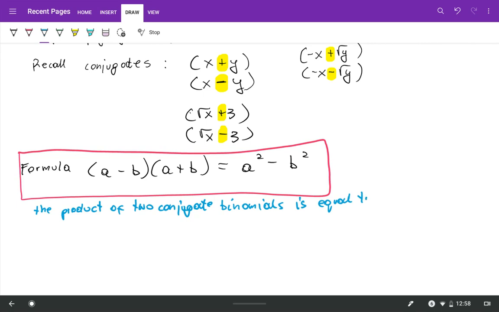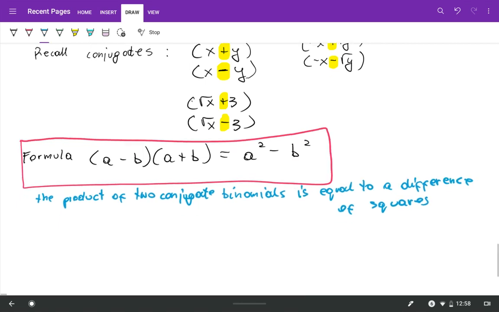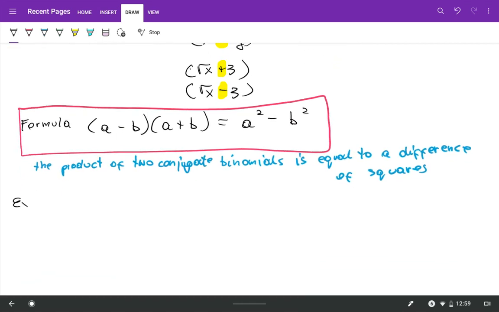It is equal to a difference of squares. So this is the difference of squares, a squared minus b squared. You will see how nicely that formula works.